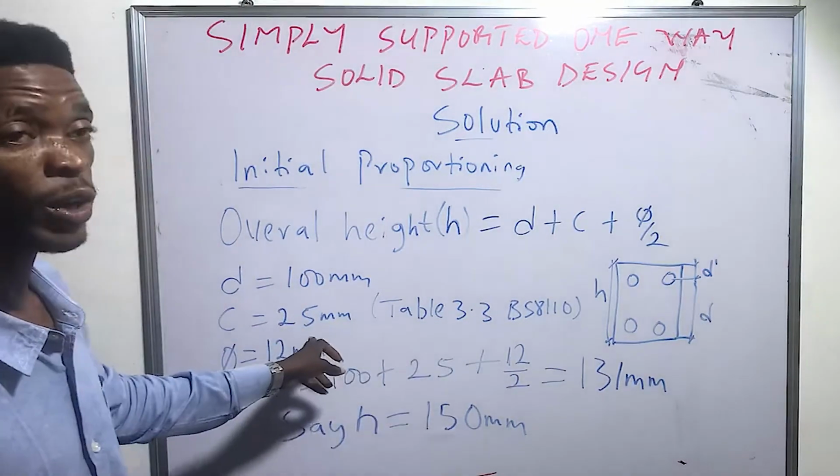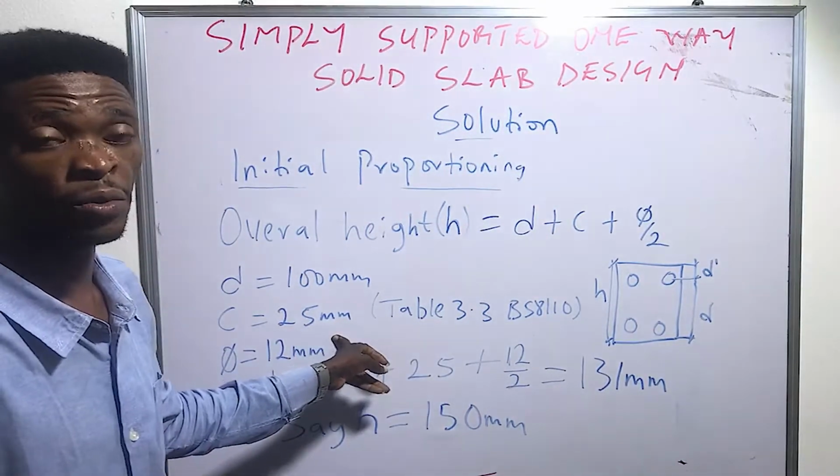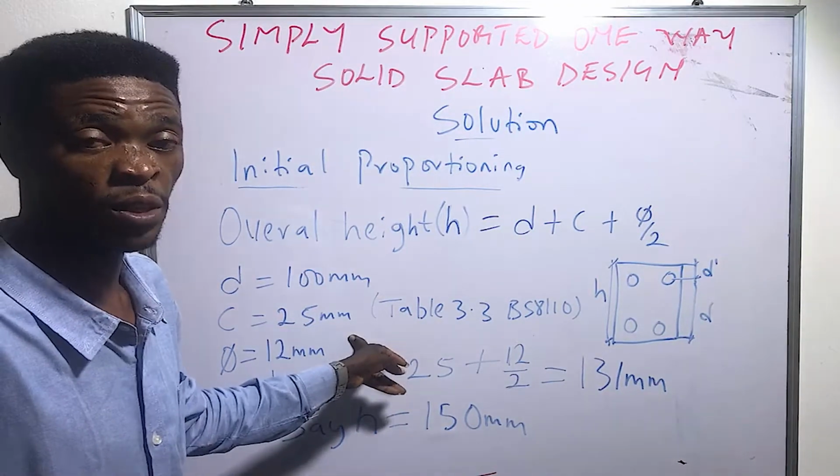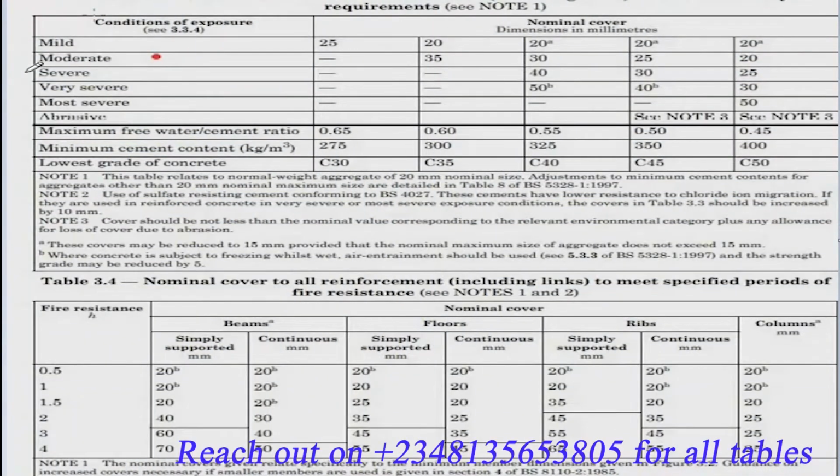To get this cover, we only consider the durability, which is the exposure condition. And our grade, we are using grade 30 concrete. To get your nominal cover from table 3.3, according to the question, we are only considering the mild weather condition under condition of exposure and grade 30 concrete.